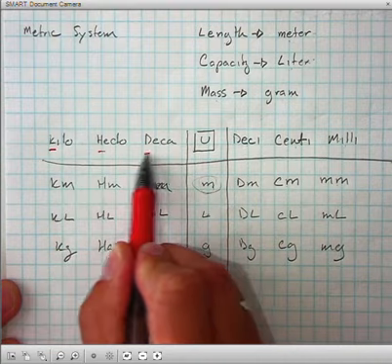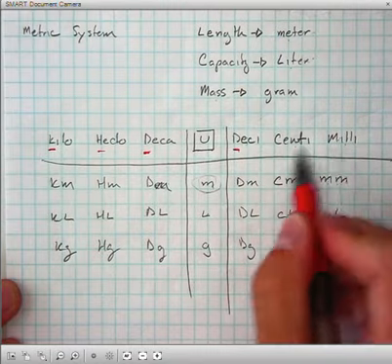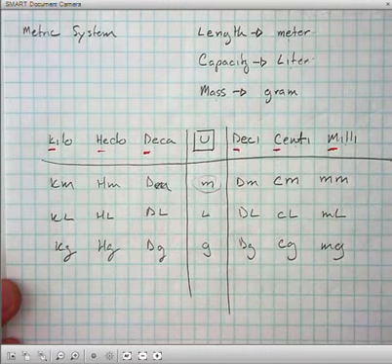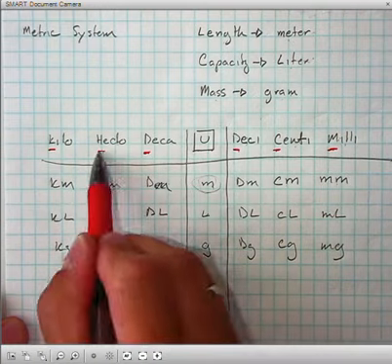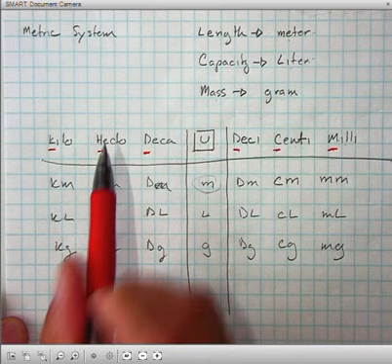At the top of the chart, you've got kilo, hecto, deca, your unit of measure, deci, centi, and milli. Here's how I remember that order. King Henry's dirty underwear definitely contains mold.